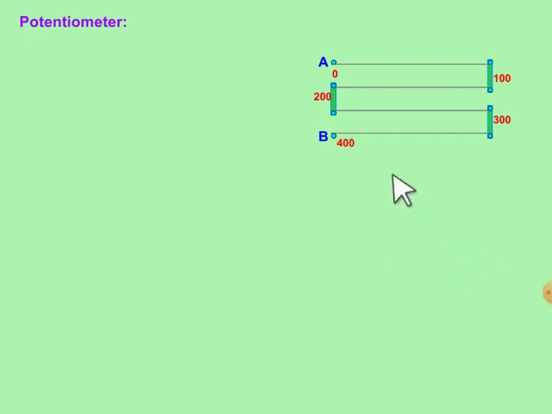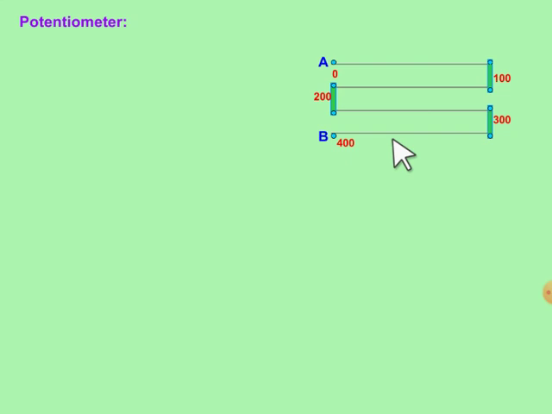So the more the number of potentiometer wires, the longer the potentiometer wire. The longer the wire, the lesser the potential gradient, and the lesser the potential gradient, the more sensitive is the potentiometer. So you have the advantage of taking more potentiometer wire, which gives more sensitivity.